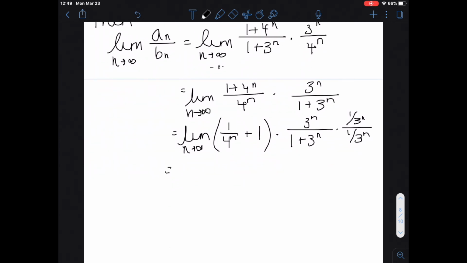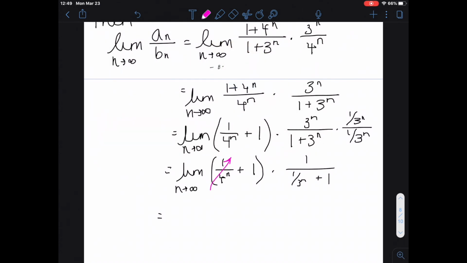So this is the limit as n approaches infinity of 1 over 4 to the n plus 1, because we can see what's happening there. Then the top, 3 to the n over 3 to the n, is 1. In the bottom, you get 1 over 3 to the n plus 1. So now you can see a little bit nicer.